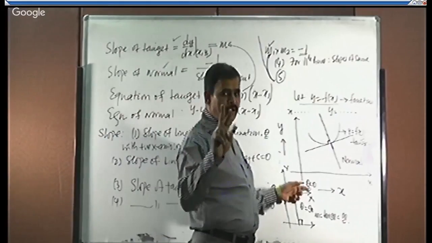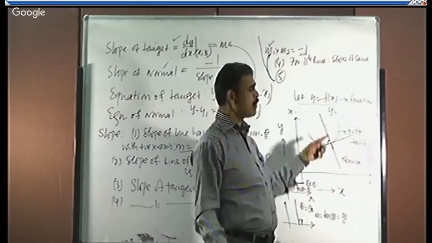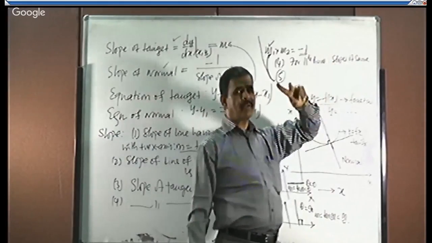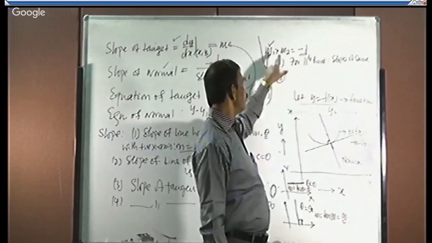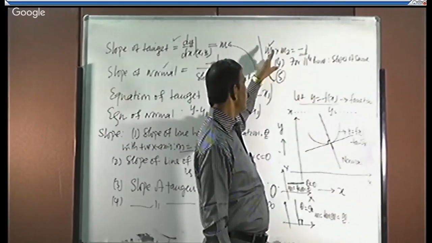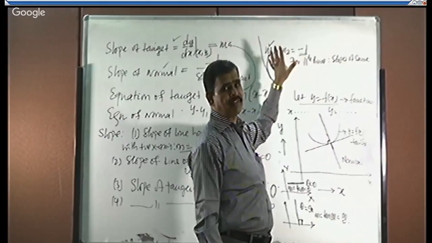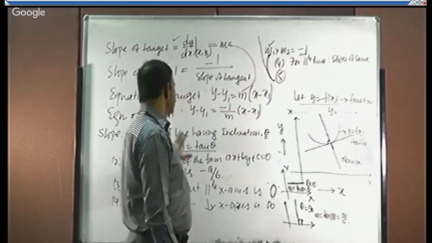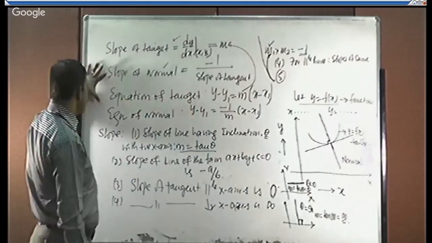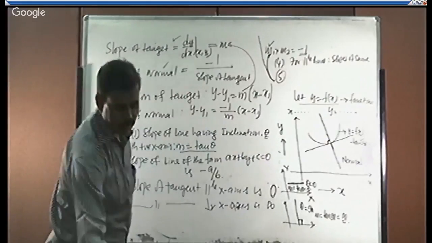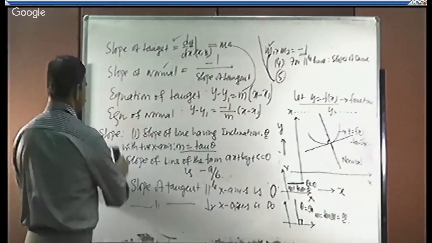If two or more lines are parallel, their slopes are same. If two lines are perpendicular, the product of their slopes is always minus 1. Please remember all these points. These four equations are very important. Based on this, let us work out a few problems.